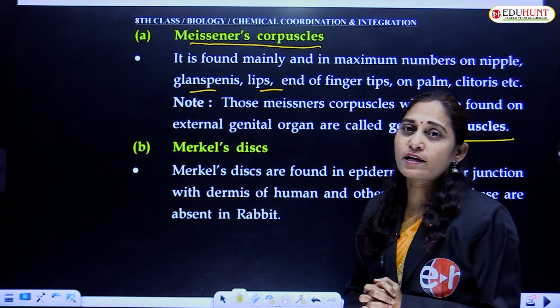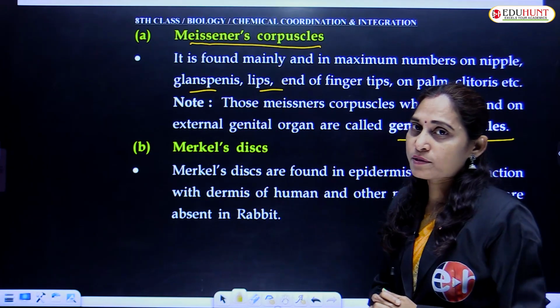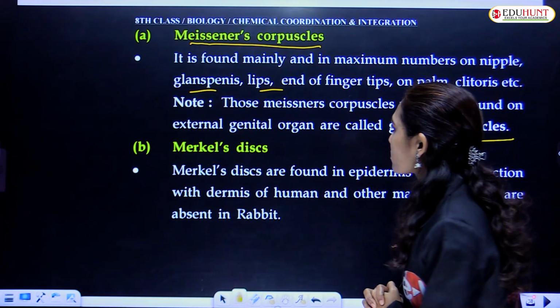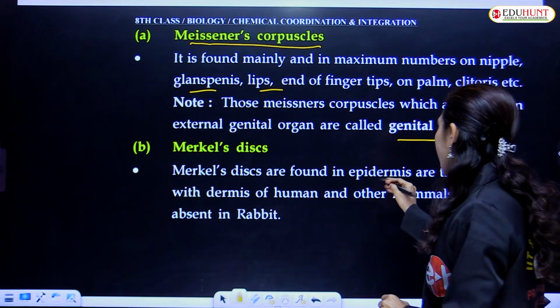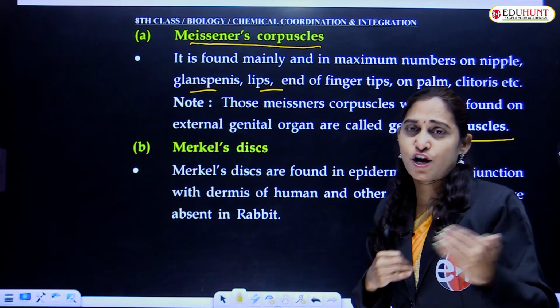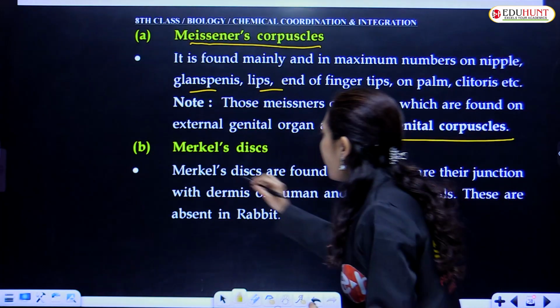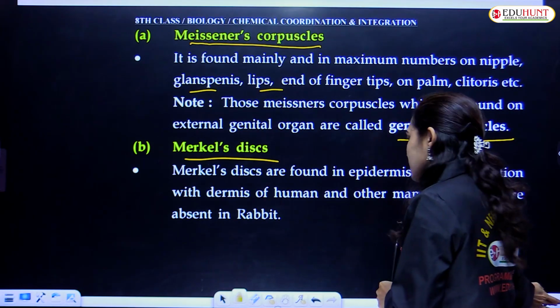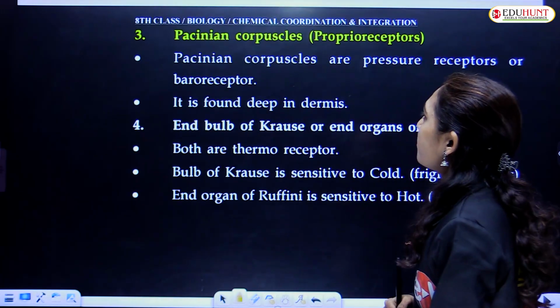Anyway, they are tango receptors. Merkel's discs are found in the epidermis and dermis junction, between the epidermis and dermis. These Merkel discs are present in mammals and human beings, but they are absent in rabbits.